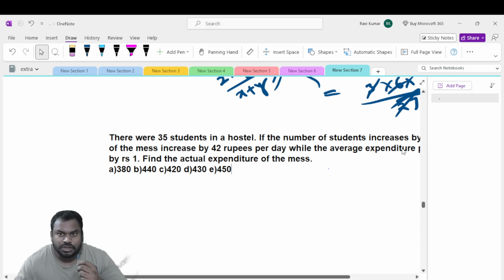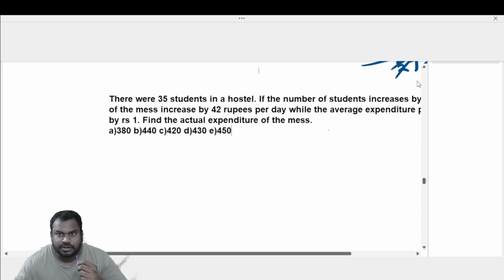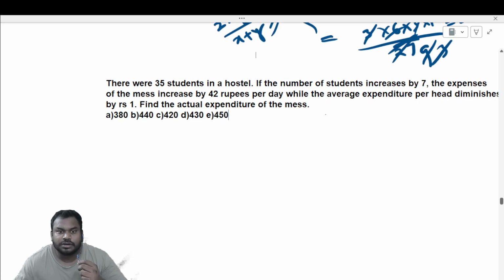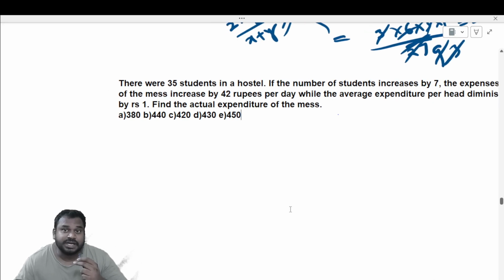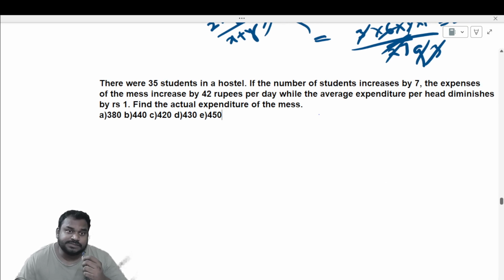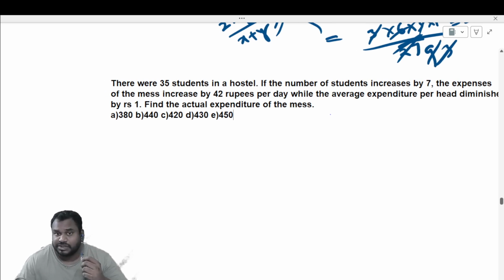Next question. There were 35 students in a hostel. The number of students increases by 7. The expenses of the mess increase by 42 rupees per day.